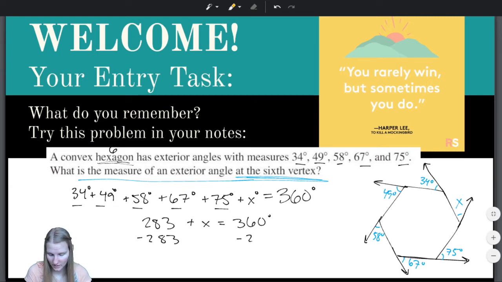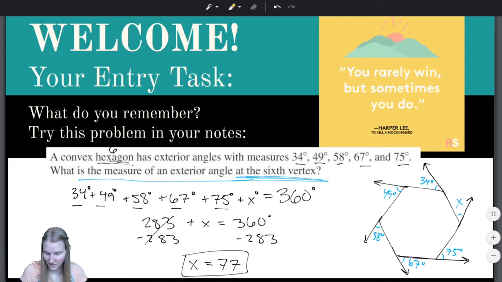Subtract 283 from both sides, and x is equal to 77. So the measure of this angle is 77 degrees.